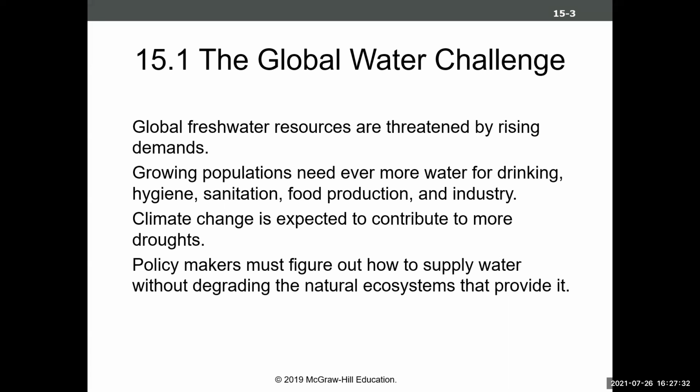Now, climate change is going to affect the availability of water as a resource, because climate change is expected to make some areas much drier, and that's going to contribute to the water stress in those areas.